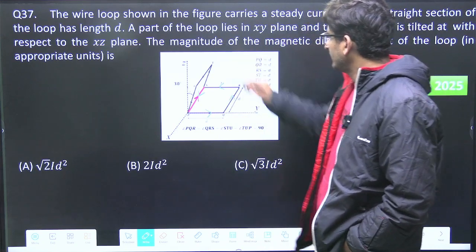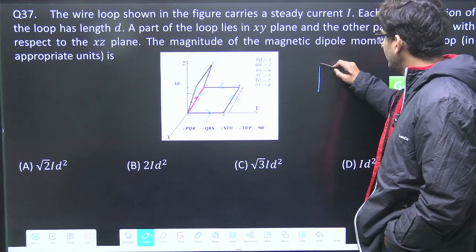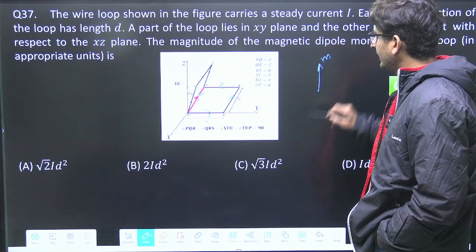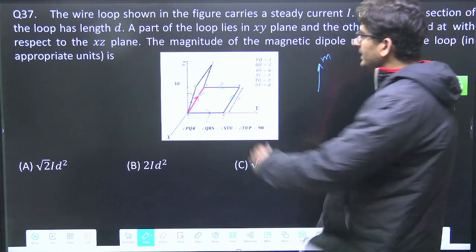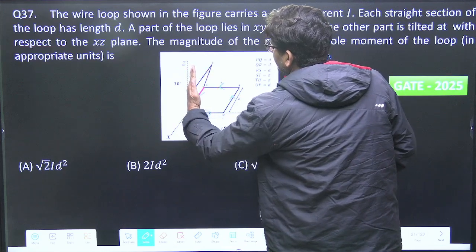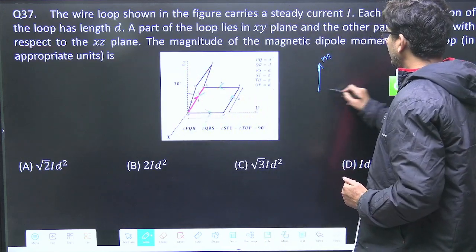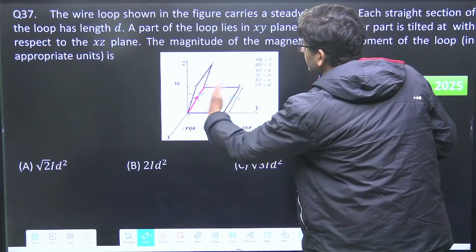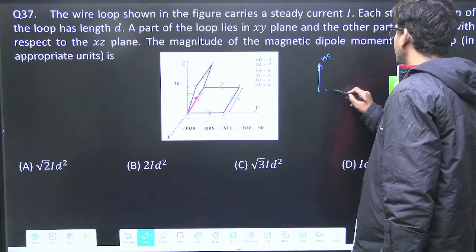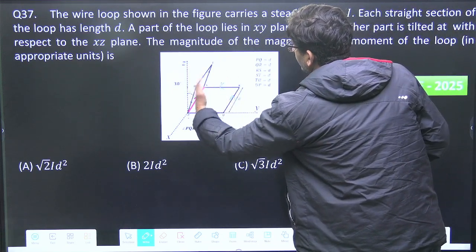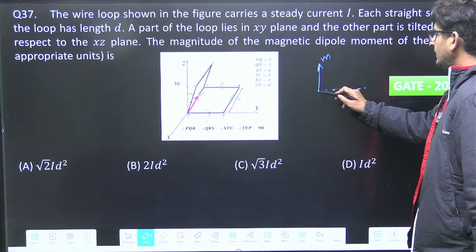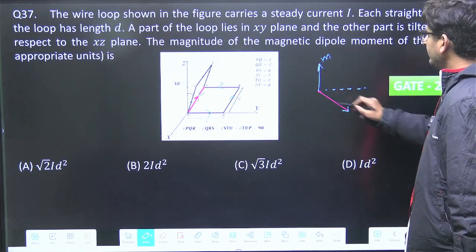One of course is in the z cap direction, so there is a dipole M like this for this case, and if this dipole was like this, then M was in this direction, but it has shifted by 30 degrees. So it was here when it was along Z, but it has gone 30 degrees in this direction.